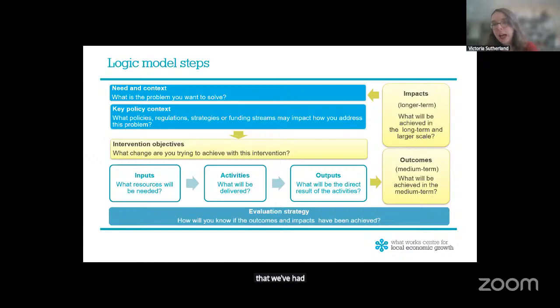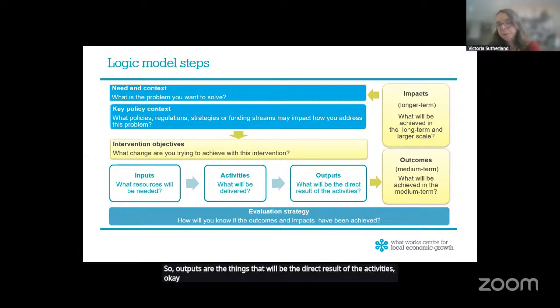Outputs are the final category in this kind of framework that I'd like to talk about. So outputs are the things that will be the direct result of the activities.